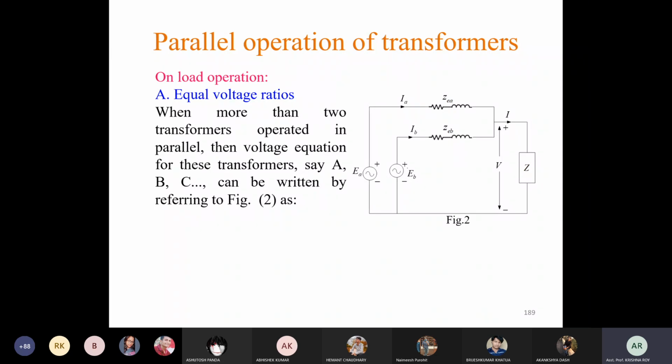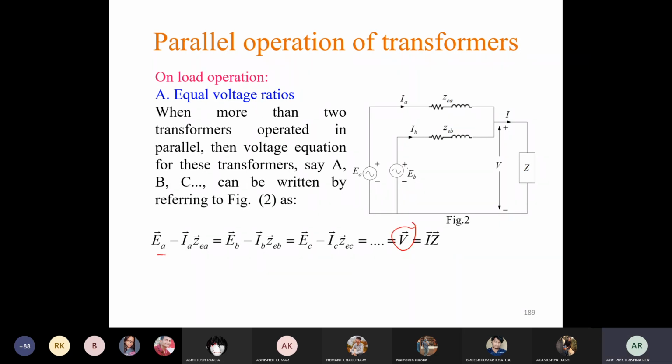Okay, so the previous two equations can be modified to this, that is, the terminal voltage is equal to the induced EMF across the secondary of each transformer minus the leakage impedance drop of that particular transformer.